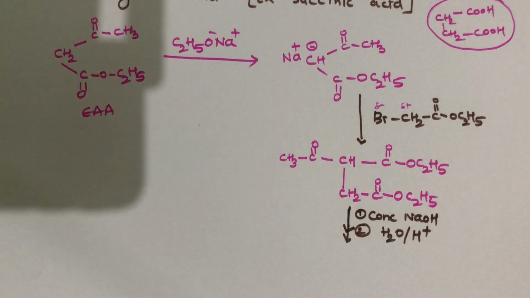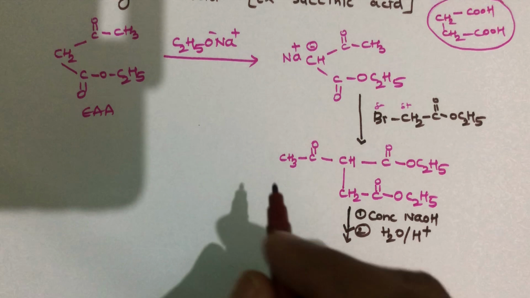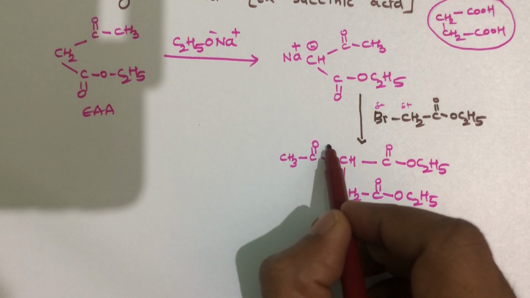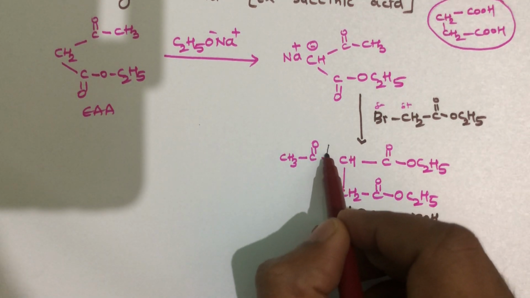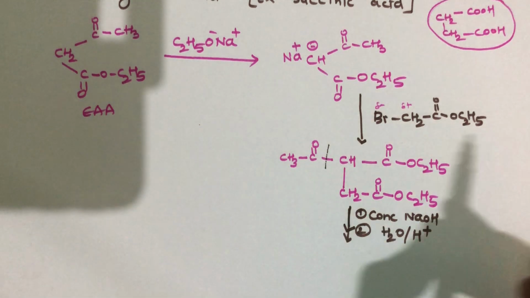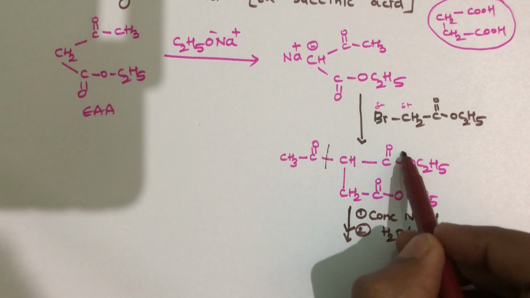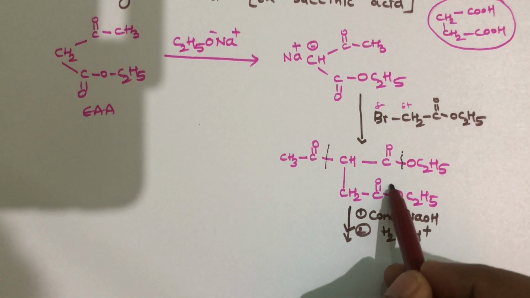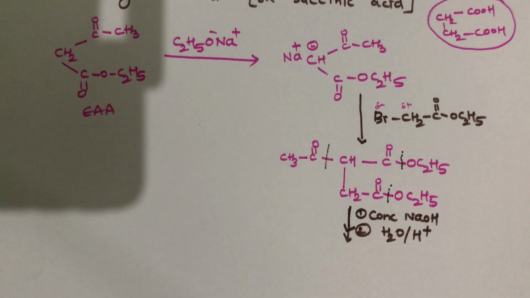Let us see the products that are generally obtained. So this bond breaks, this bond breaks, this bond breaks and this bond breaks.